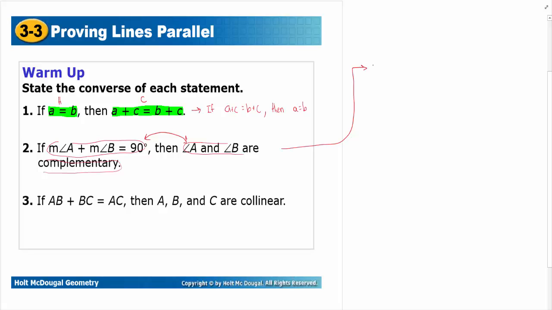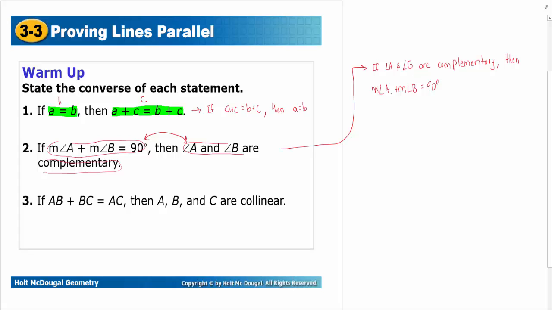So if angle A and angle B are complementary, then you can say that the measure of angle A plus the measure of angle B equals 90 degrees.